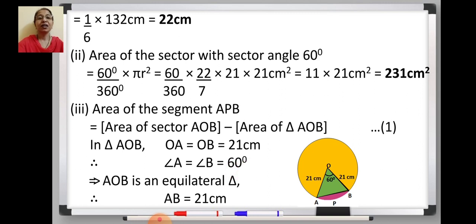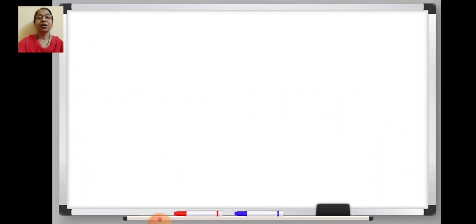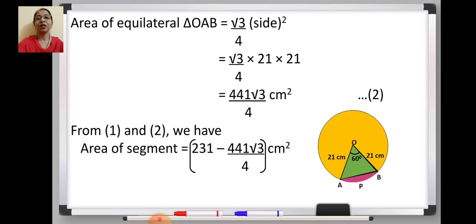So that means the triangle is an equilateral triangle. As each angle is 60 degree, the triangle is an equilateral triangle with length of each side equal to 21 centimeter.